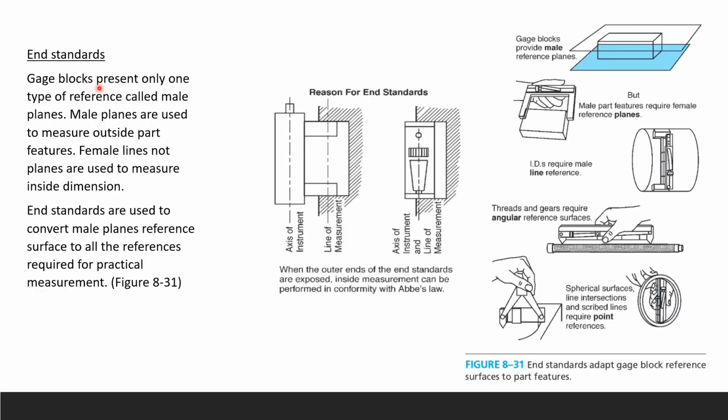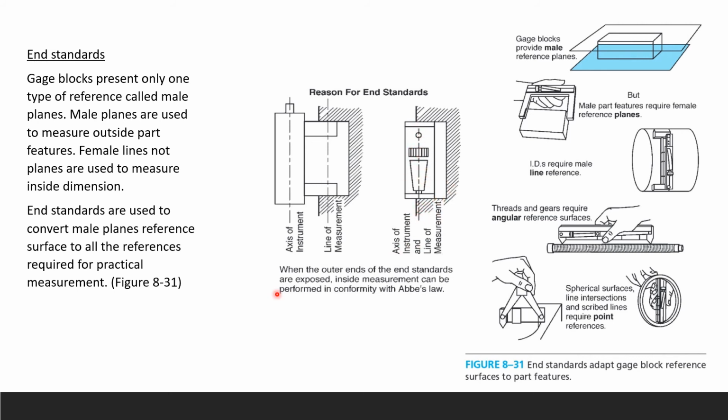So coming back to end standard, they adopt the gauge block reference surfaces to the part feature. The reason for end standard: you can see right here your axis of instrument, and here is your line of measurement. Okay, here the axis of instrument and line of measurement are now overlapped.